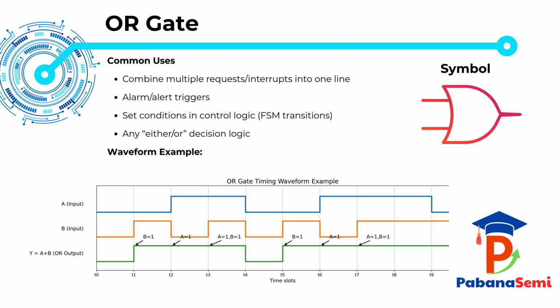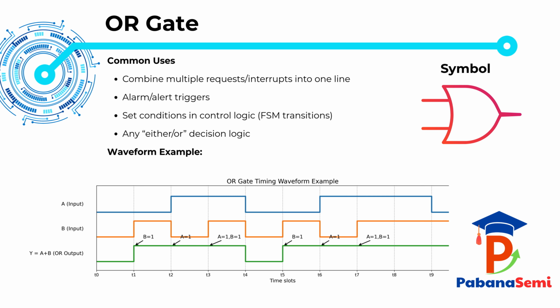More generally, OR represents any either-or decision logic. The output becomes true if at least one input is true. Now observe the waveform example at the bottom. Inputs A and B change over time, and the output is Y equals A plus B. Notice that the output goes high whenever A is 1 or B is 1.